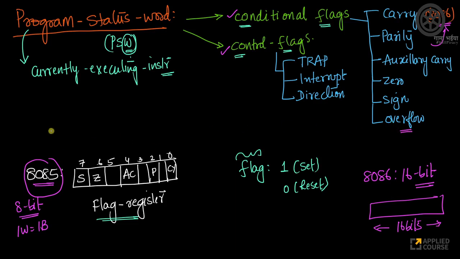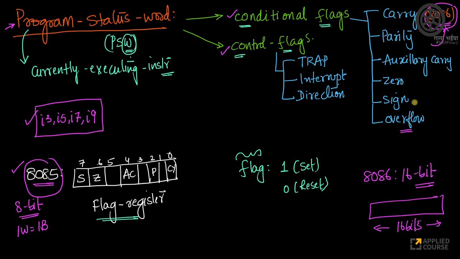If you look at modern microprocessors like Intel's i3, i5, i7 or even i9, these are far more advanced, and each microprocessor has a different program status word. But since 8085 and 8086 are some of the simplest processors, we will study in the context of 8085 and 8086. Every microprocessor has different flags that it wants to track.